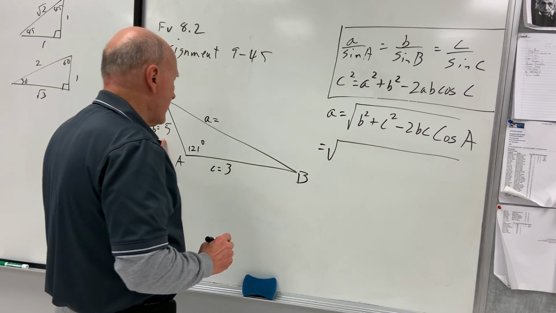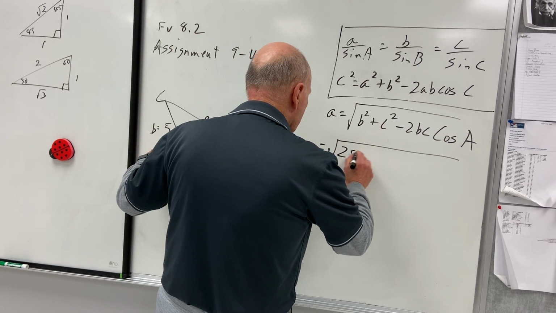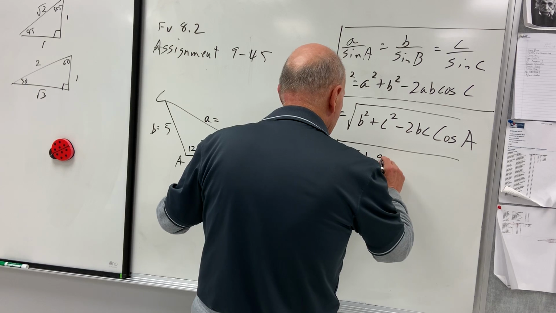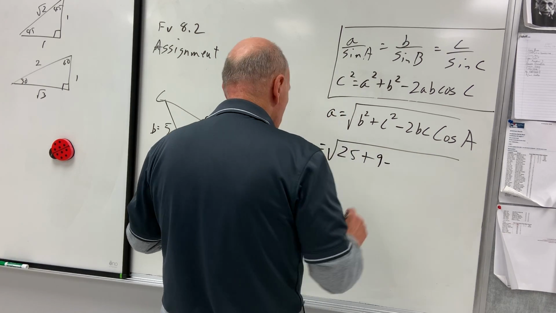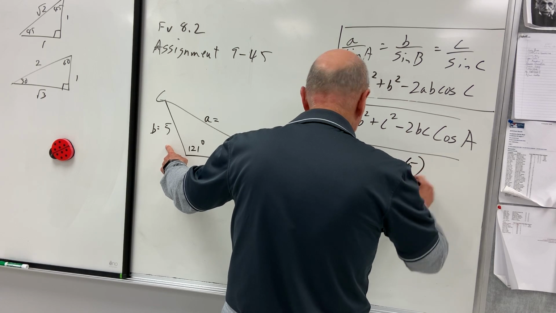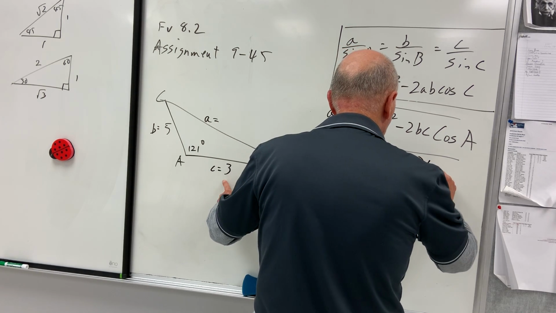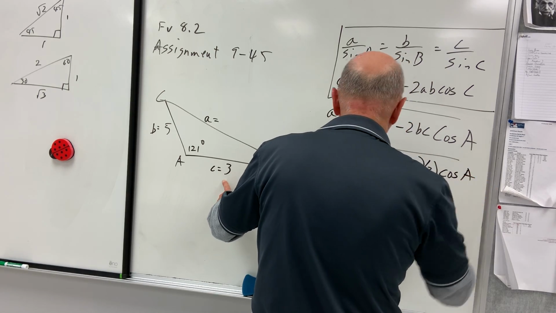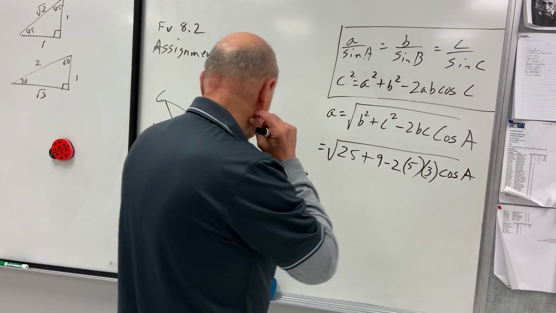So I have b squared, that would be 25, plus c squared, that would be 9, minus 2 times b, which is 5, times c, which is 3, cosine of A.